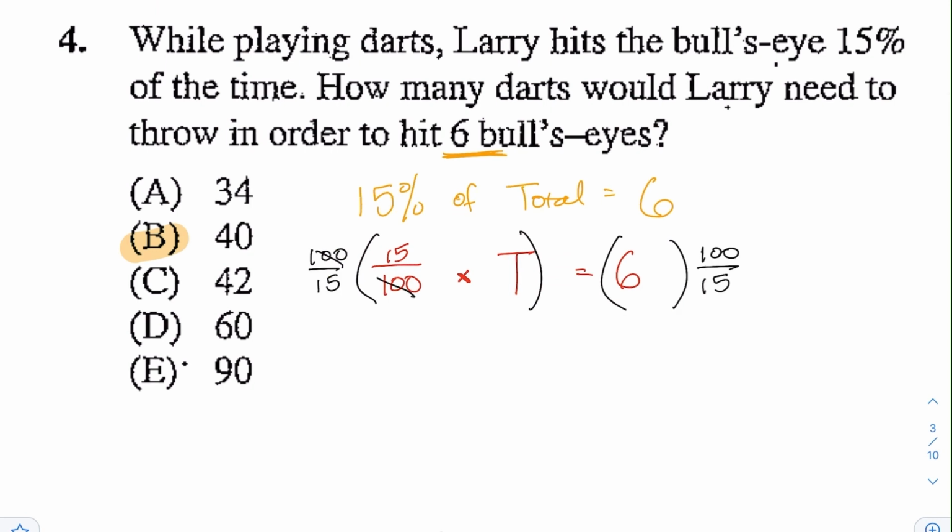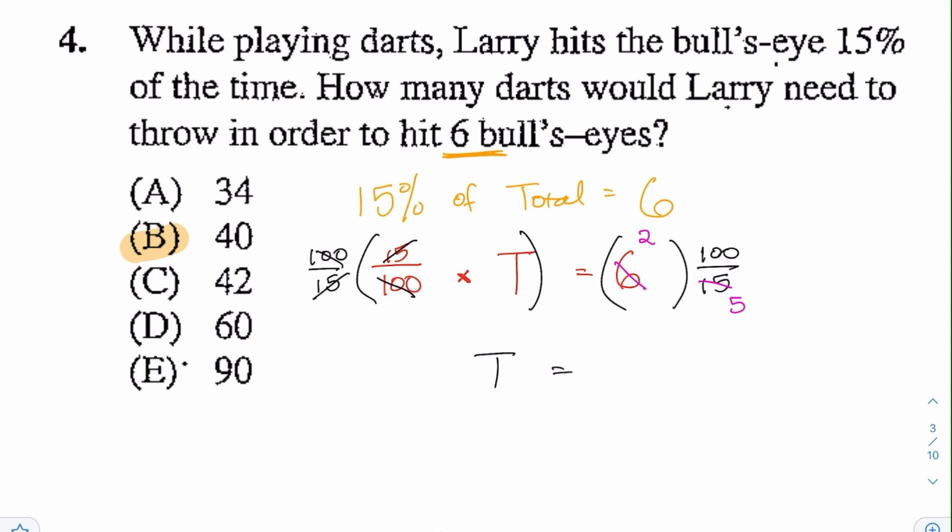And when you multiply by that, you cross cancel the 15 over 100, so you only have t on the left side. That's going to be equal to 6 times 100 divided by 15. Now, from here, before you multiply it out, you can cross simplify. So 6 and 15, for example, have a common factor of 3.